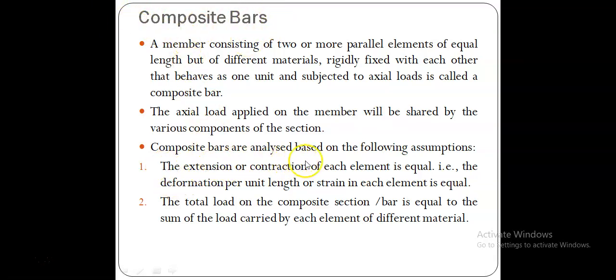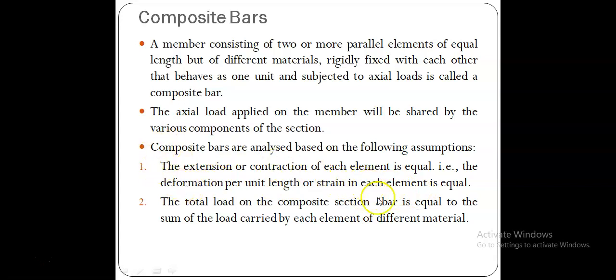So composite bars are analyzed based on the following assumptions. First, the extension or contraction of each element is equal, that is, the deformation per unit length or strain in each element is equal.